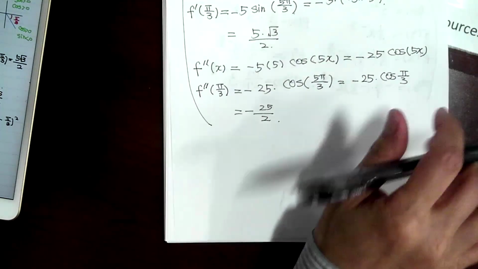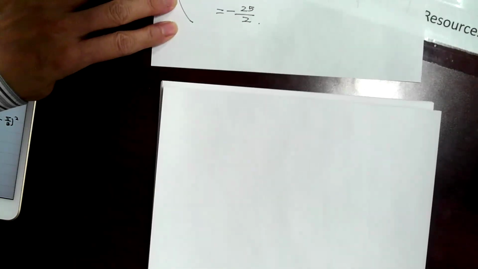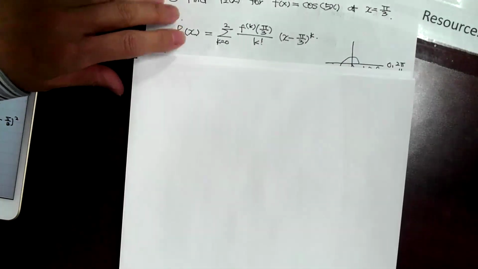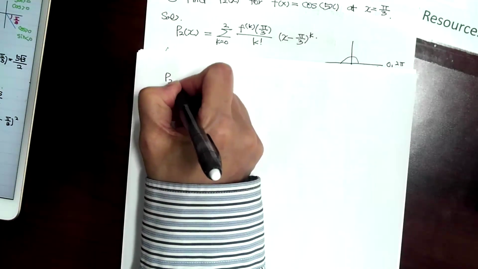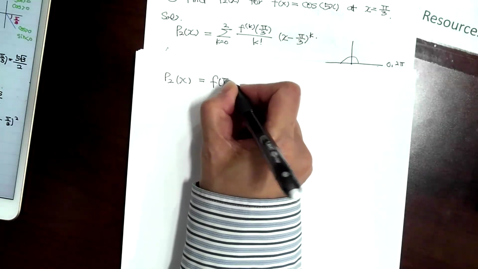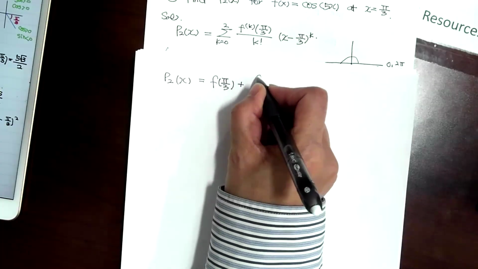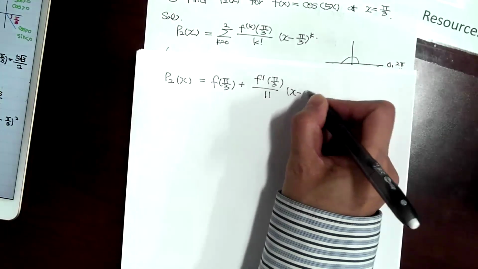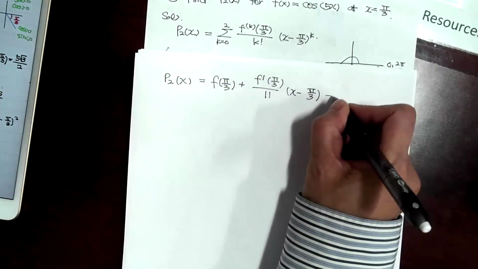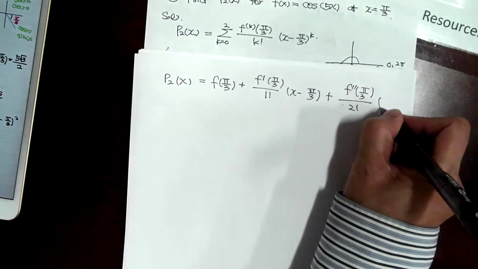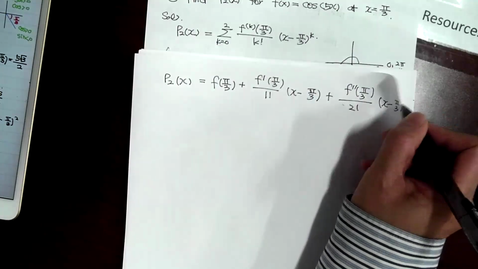So the P2 of x can be written as f of pi over 3 plus f prime of pi over 3 over 1 factorial times x minus pi over 3, plus f double prime of pi over 3 over 2 factorial times x minus pi over 3 squared.